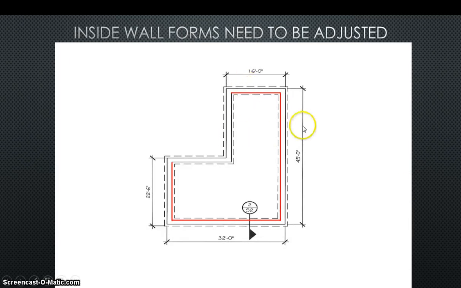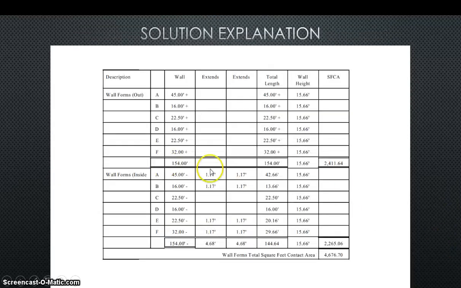Here's our 16-foot wall, our 45-foot wall, our 32-foot wall, and our 22.5-foot wall. So we will go through and subtract each: 45 minus 1.17 minus another 1.17 gives us 42.66, and so on and so forth down the line. 16 minus 1.17 minus 1.17 is 13.66.